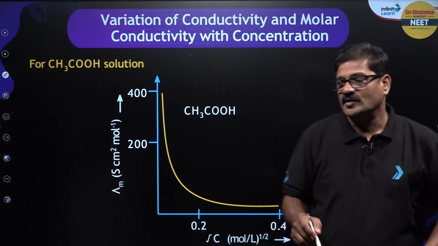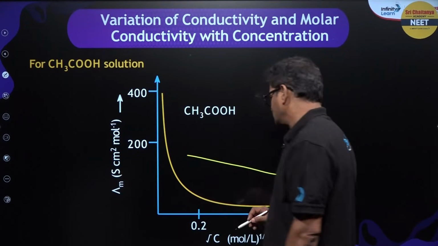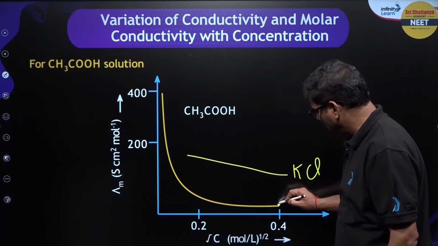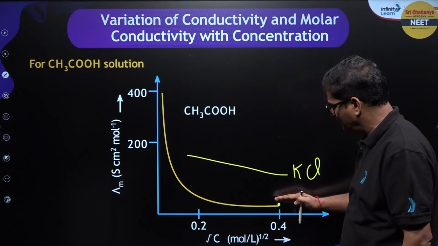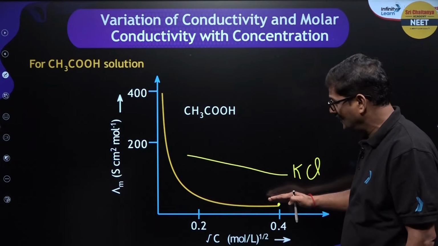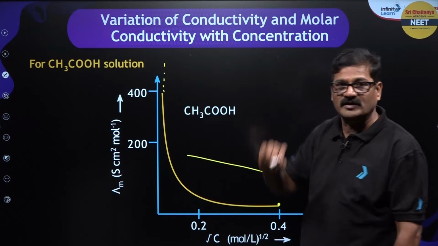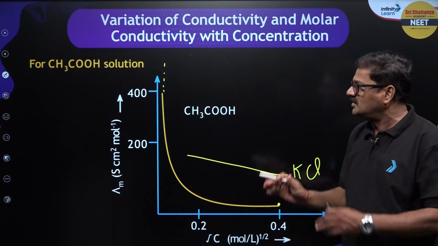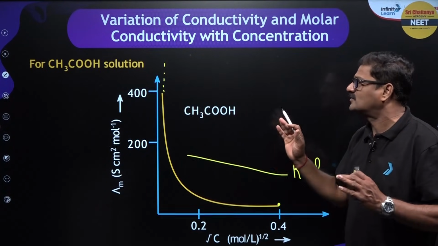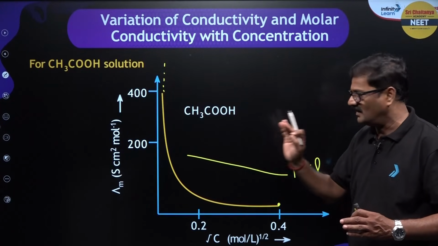If you observe potassium chloride, it was like this. But of course, for acetic acid, initially its conductance is very less. If you add some water into that, dilution will happen and there is a sudden increase. We do not know where it is going. So, you can't use the Debye-Huckel-Onsager rule to calculate the molar conductance of a weak electrolyte.